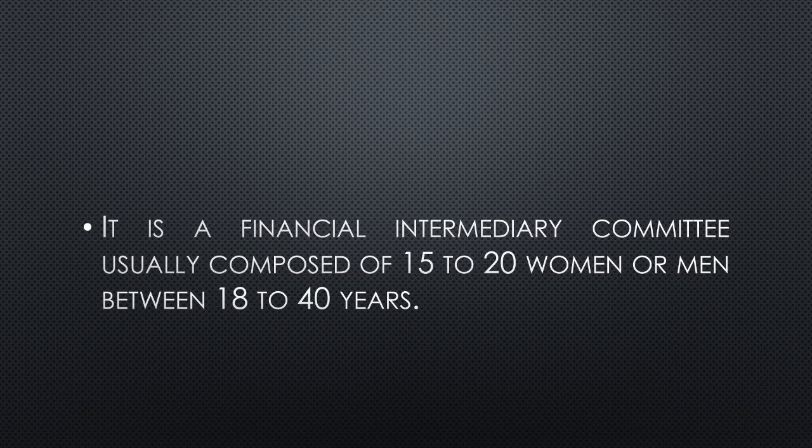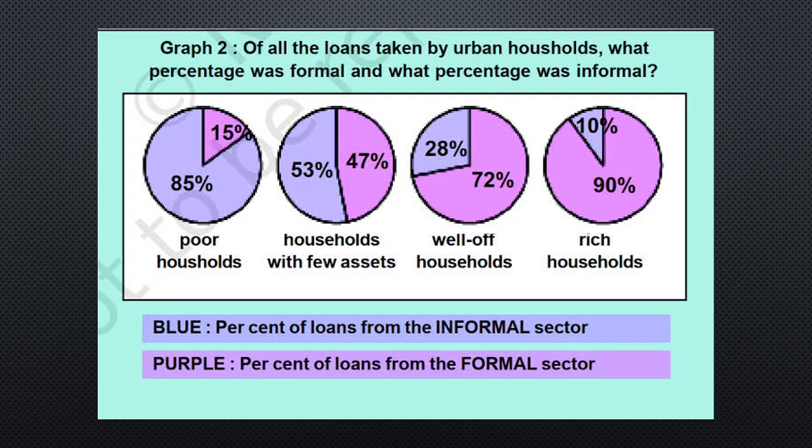So till now we have seen that the poor households are still dependent on the informal source. From this graph we have seen that the poor households are dependent on the informal sector for loans. So why is it so? Why are the poor people always dependent on the informal sector and not the formal sector?